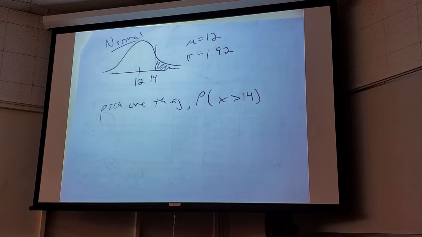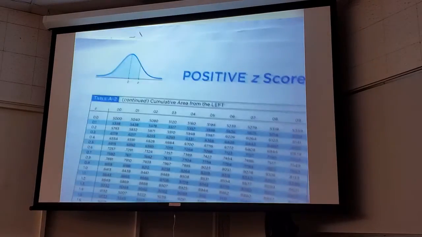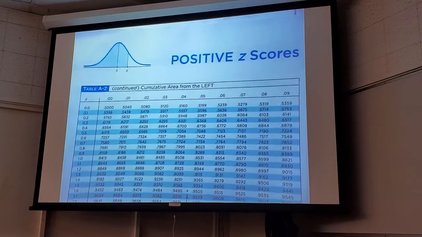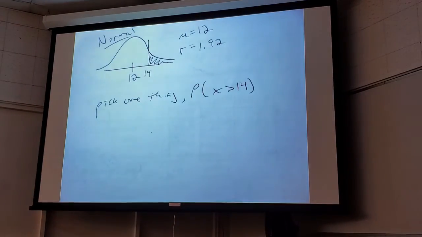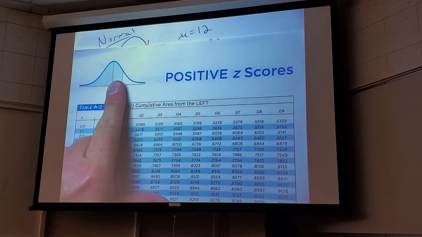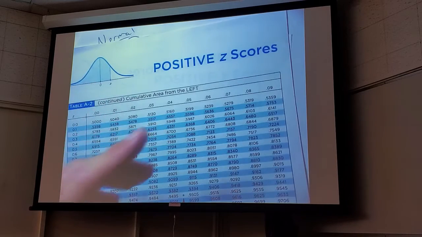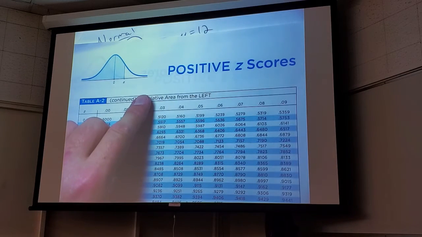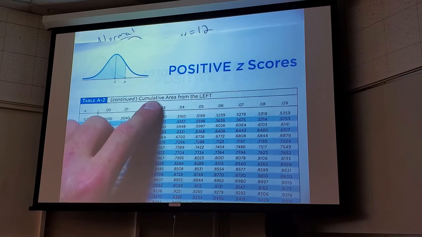So we have this chart. Does anyone not have this chart yet? Okay. So what do I need before I can use this? I need to know it's normal. Check. What else do I need? It's continuous.